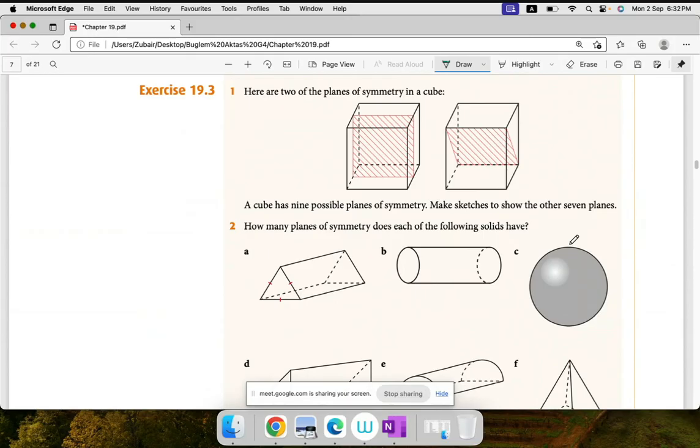Okay, that would be a very long exercise if we try to sketch it. So just draw a cube on a piece of paper and try to imagine where you will find those total 9 planes of symmetry. If you can, very good, or else I'll show you.